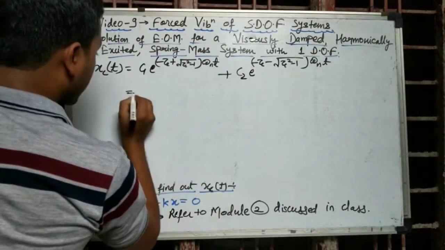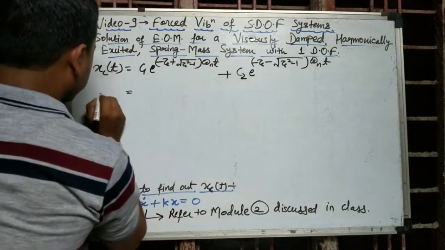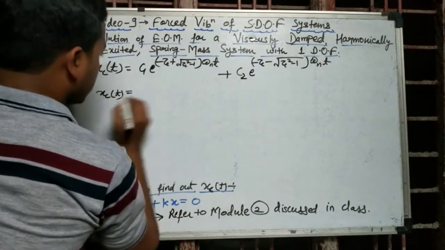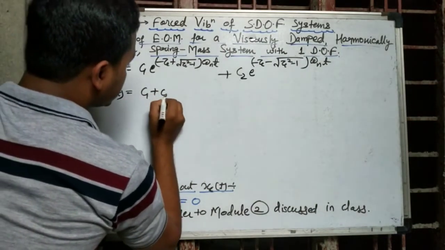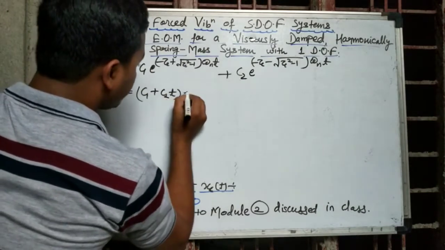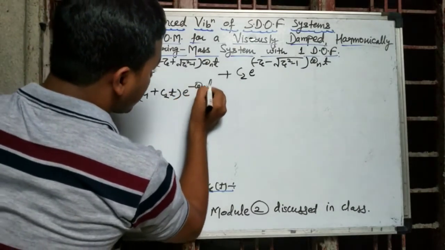Or x_c(t) may be equal to c1 plus c2 into t, into e to the power minus omega n t.